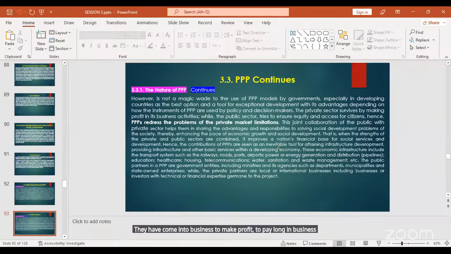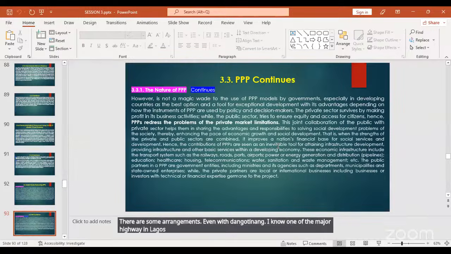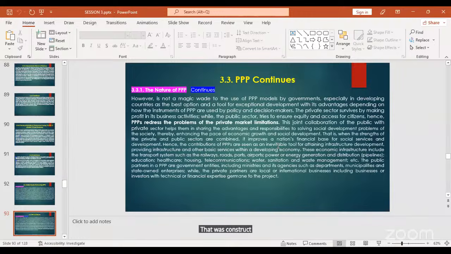So we have to get all this very right. Even in the area of roads, like the Ayodele road I mentioned to you now in Onipan, there are some arrangements. Even with Dangote now, I know one of the major highways in Lagos was constructed by one powerful billionaire.